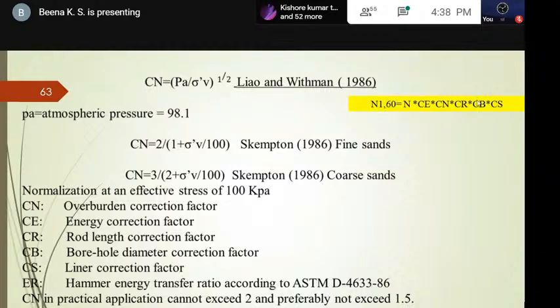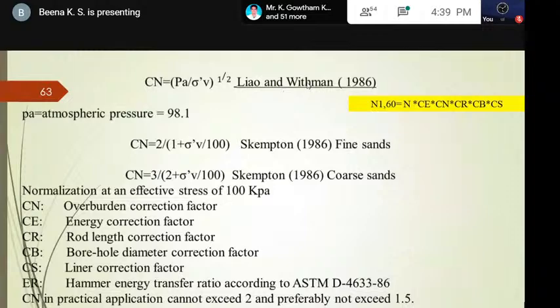N160, we will put it as N into CE into CN into CR into CV into CS, where CN is given by Skempton for fine sands as 2 by 1 plus the vertical stress divided by 100, for an atmospheric pressure of 98.1.